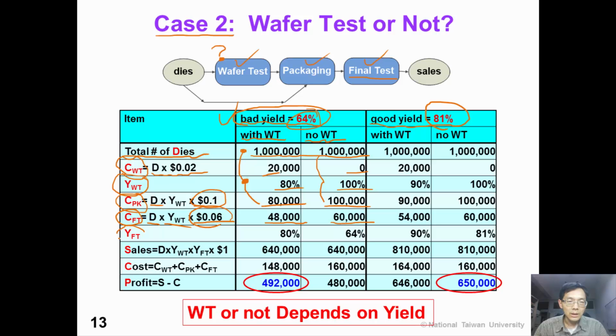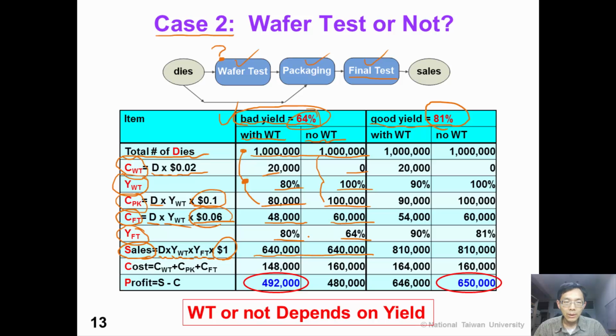Because the total yield is 64%, the final test yield is 80% for the first case and 64% for the second case. In this way, we can calculate the total sales, which is the number of die times the wafer test yield times the final test yield times $1 per die.